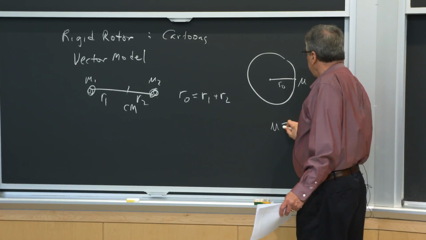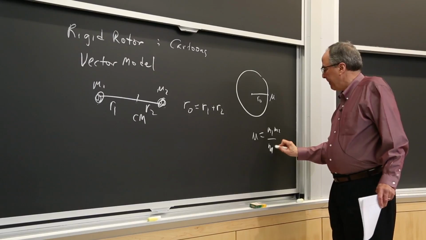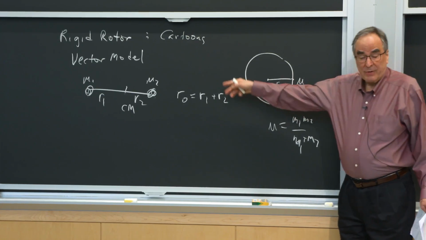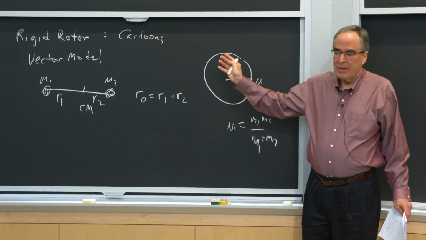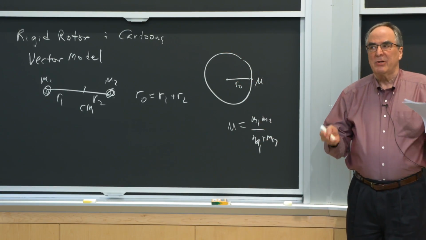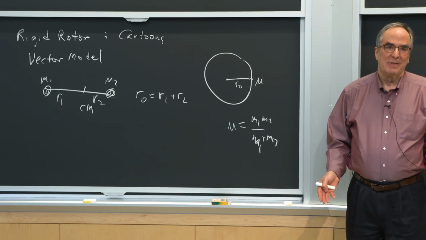Mu is m1 m2 over m1 plus m2, on the surface of a sphere. They're all the same problem. But the question is, how do we interpret what we get from the solution to this problem?